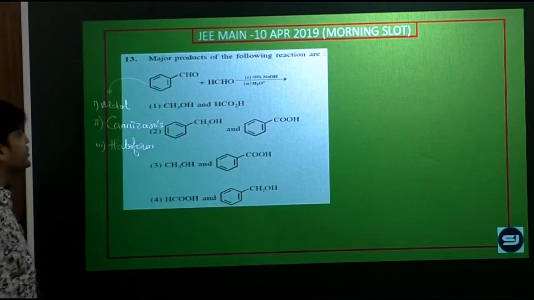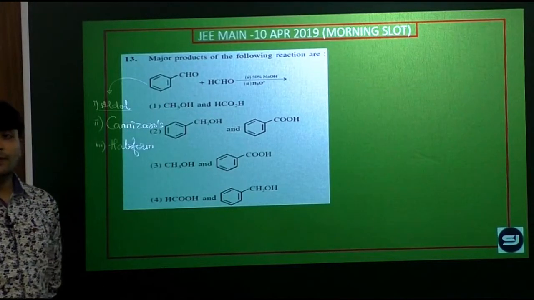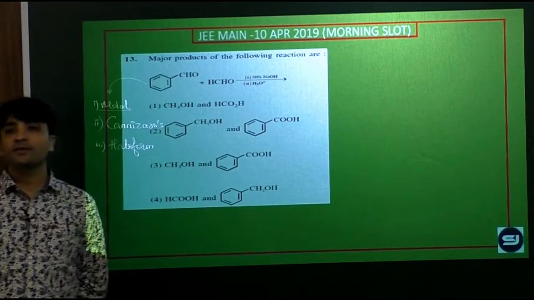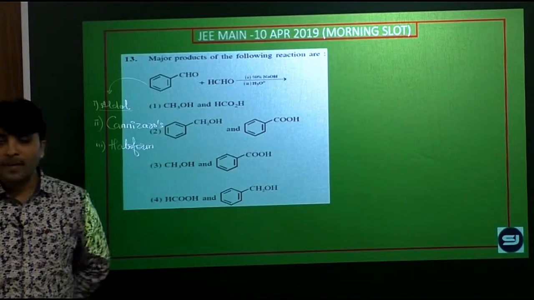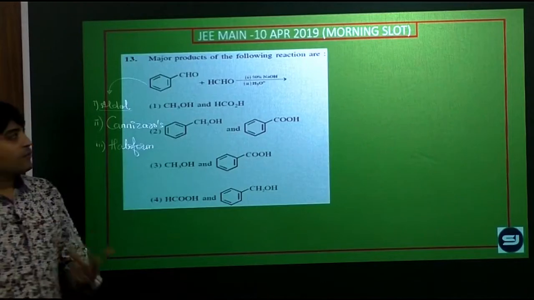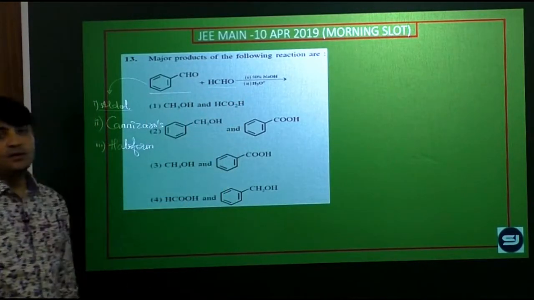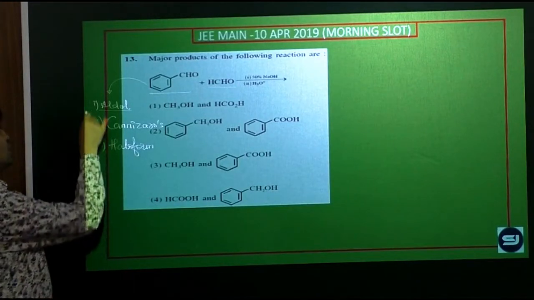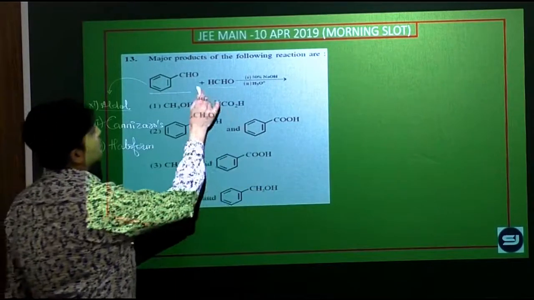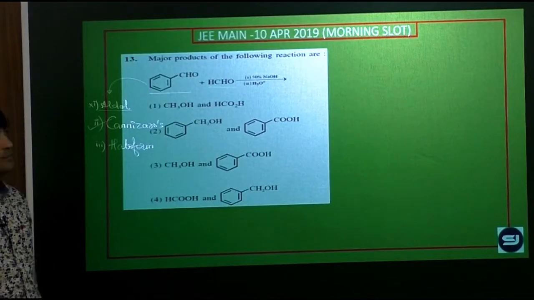Now there were famous conditions associated with them. Aldol takes place when there is a presence of alpha H. In fact, you should always remember that aldol condensation is not given by benzaldehyde, formaldehyde, or terephthalaldehyde. And if you look at the reagents, it's benzaldehyde and formaldehyde. Definitely it is not aldol and it is Cannizzaro, because Cannizzaro does have 50% of NaOH as the reagent.